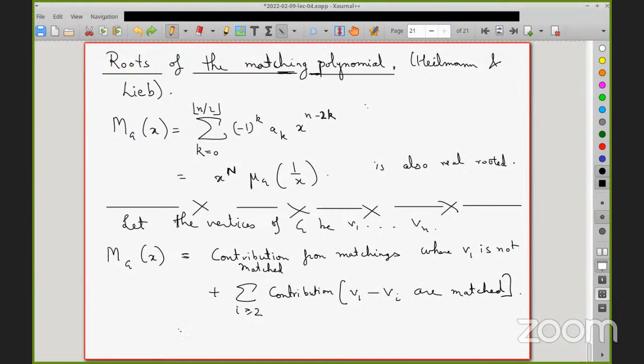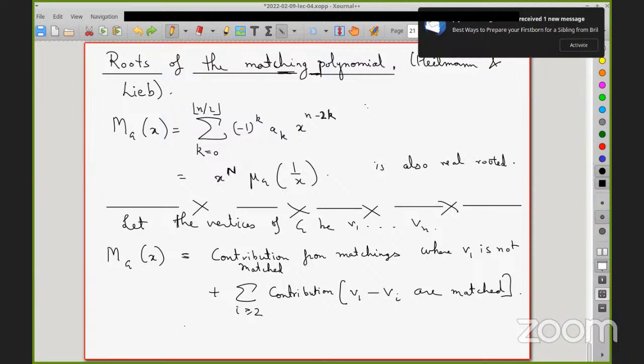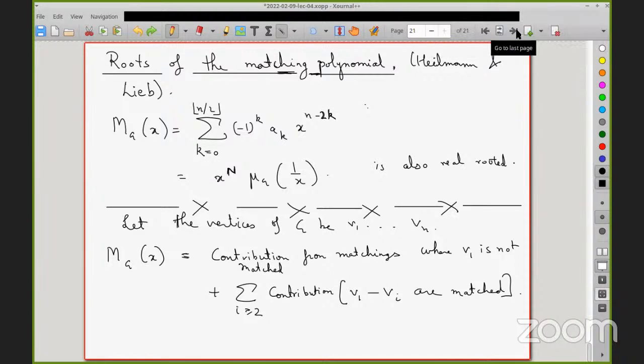I'm a bit confused because you have here a univariate polynomial, right? Yes. So what do you mean by the a_k? The a_k still represent the number of matchings. Yes. Okay. Good. So what is the first term? What is the contribution of matchings where v1 is not matched?